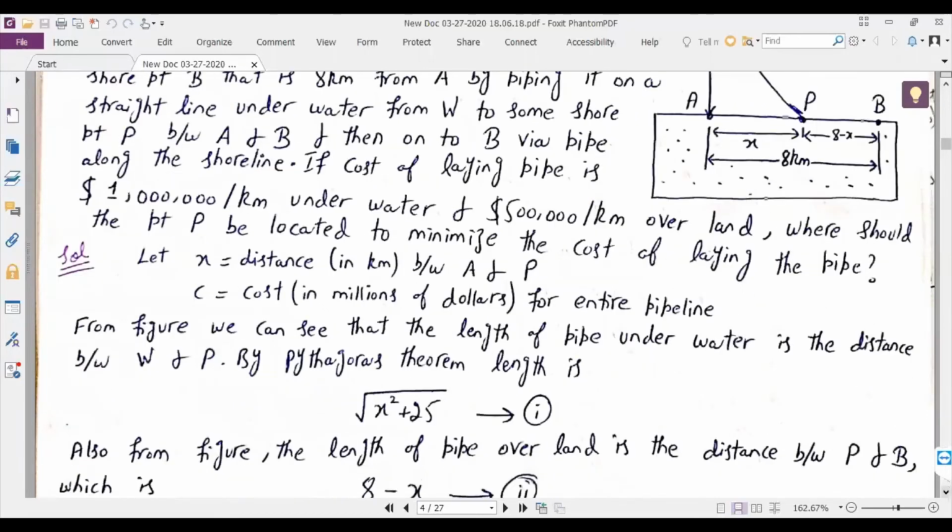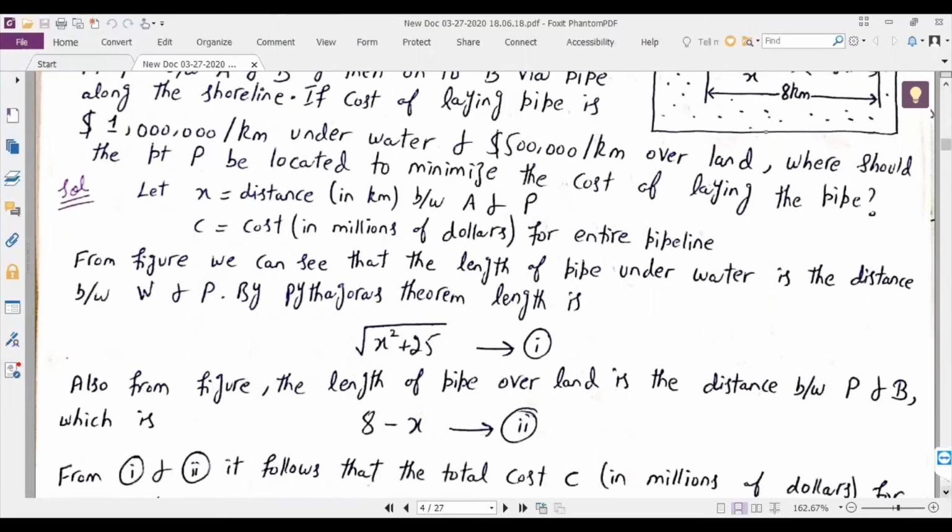This is your equation 1. Also from the figure, the length of the pipe over land is the distance between P and B, which is 8 minus x. So this is equation 2.